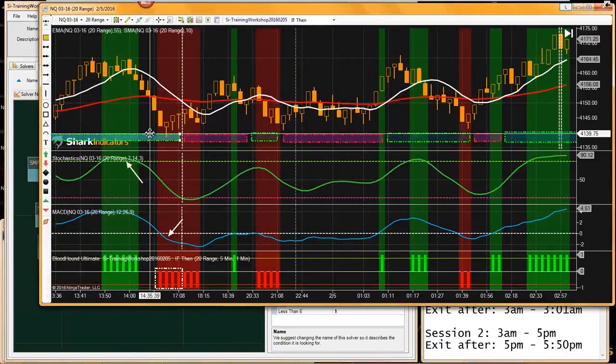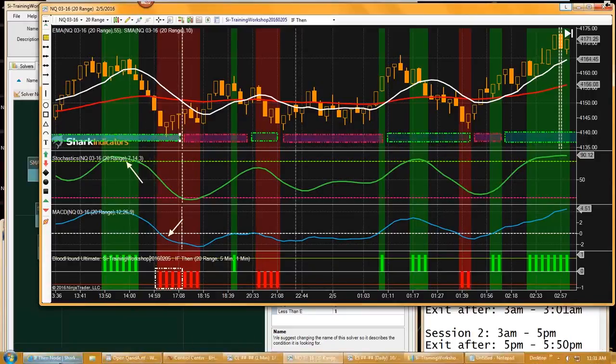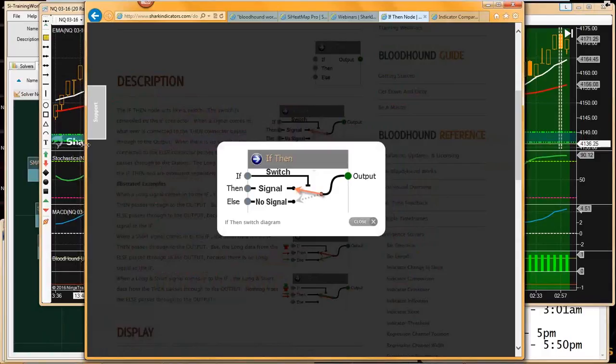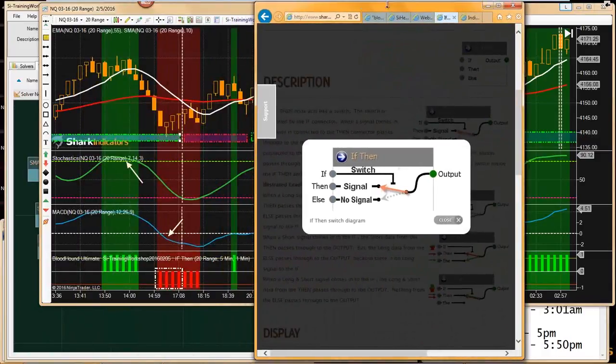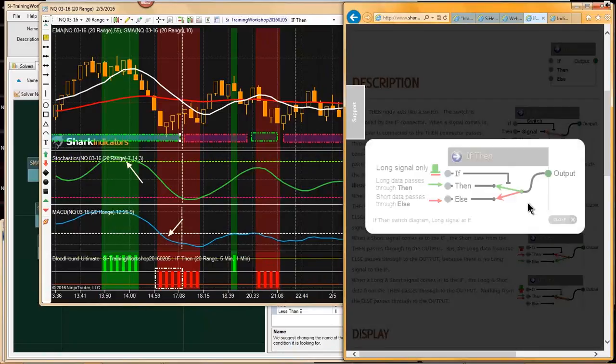So this area here where a long signal is coming into the if, let's shrink this up. What are we looking at? We're looking at this scenario here. So if we look at how the switches are, we have a long signal coming in. So long signals from then is what gets piped out to the output, and short signals from else is what gets piped out to the output.